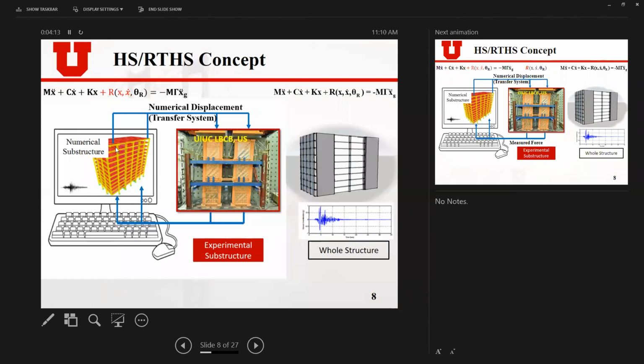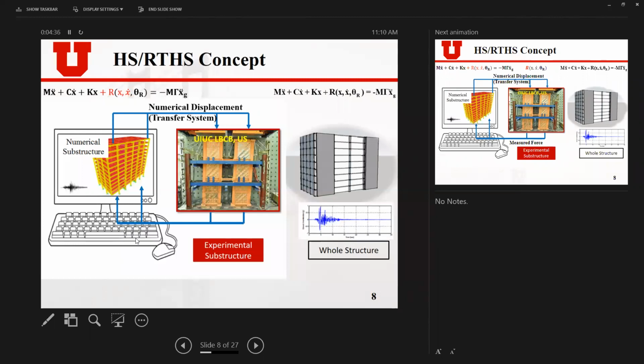As I mentioned before, the first step of response is calculated from your numerical substructure side and sent through your actuator or transfer system to your experiment setup. Due to that displacement, your structure deforms and causes a restoring force according to the displacement.